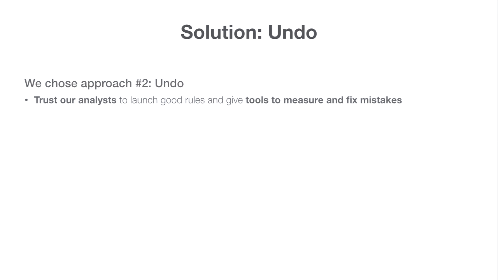We choose approach two. We trust our analysts to make good decisions and launch rules and apply excellent judgment, and then we give them the tools to fix and measure them. But it's actually not even just an analyst thing. Probably the most recent use of this, we had a model serving infrastructure that had a race condition between two models, and we didn't realize it because it was very subtle.